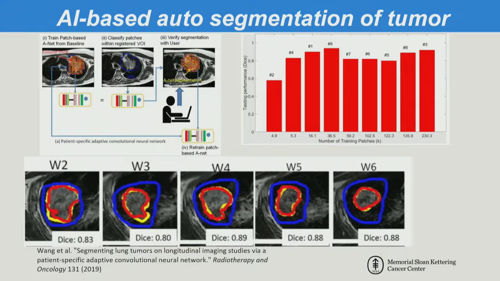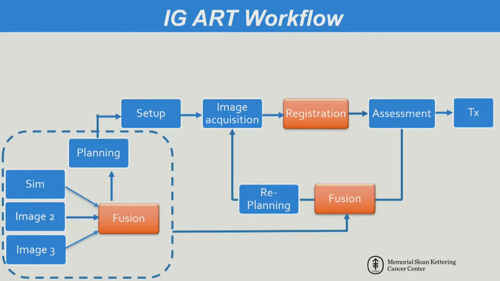in tumor auto-segmentation. So this is what a typical image-guided adaptive radiotherapy workflow looks like. Very similar to before. On this side, we do the fusion, you do the setup, you acquire the image of the day, you do a registration with your reference image, and then you assess and say, hey, this is not looking great, so I think we really need to replan.